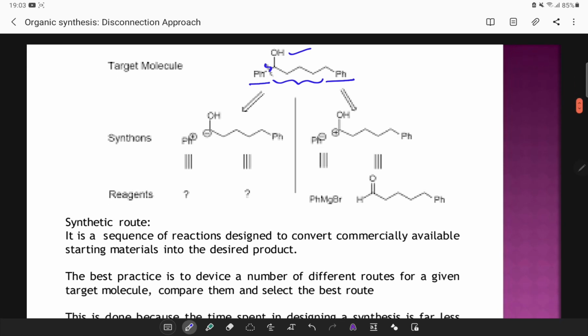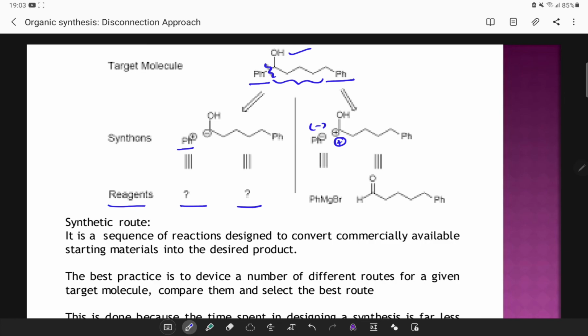Now we can break at this point to give Ph positively charged and carbon negatively charged, or we can break it such that Ph carries a negative charge and the carbon carries a positive charge. But where we will get such reagents, or starting materials, is questionable.